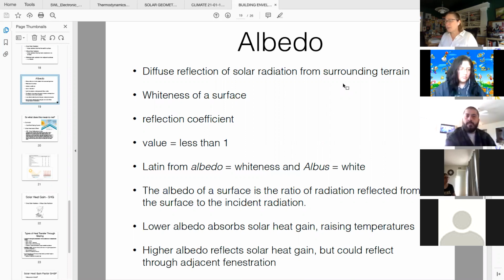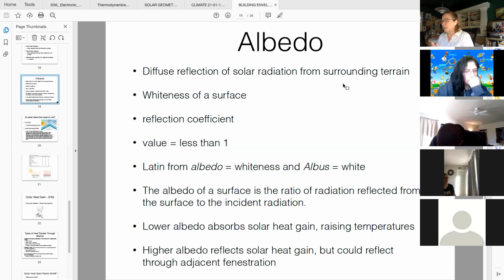The whiter it is, the better it tends to perform. It's a reflection coefficient, so it's like a percentage; the value is always going to be less than 1.